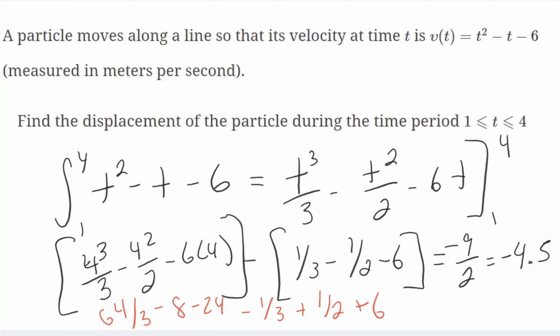All right, so if you think about the particle moving along at negative 4.5, it's ending up 4.5 meters to the left of where you started. Eventually it's actually going backwards. So it might be going forward at some point, but it goes backwards. So it ends up negative 4.5 to the left.